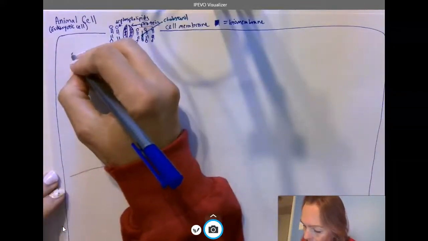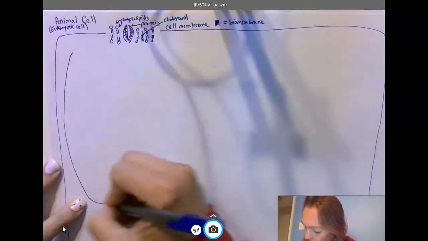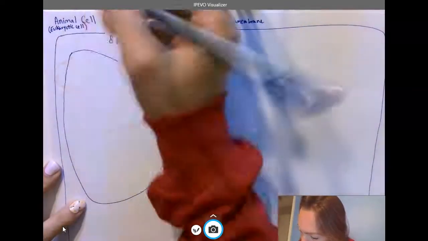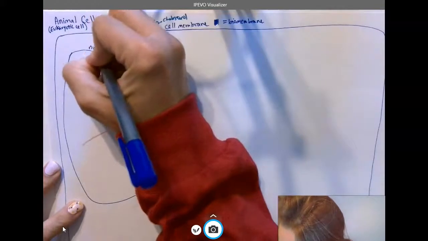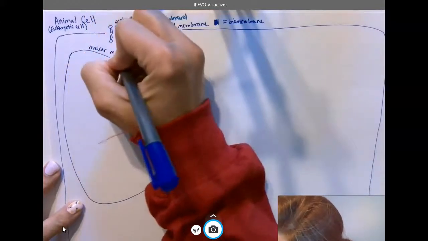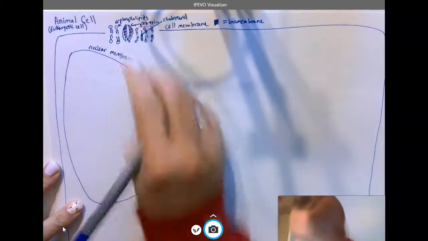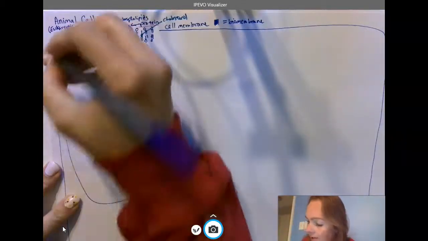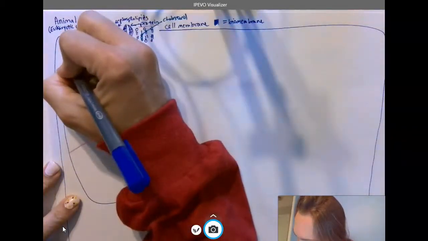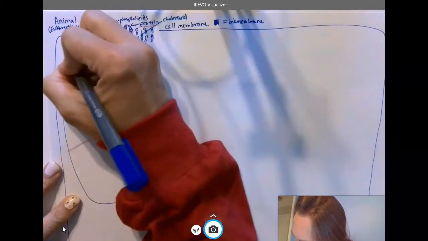Okay, so we're going to draw a very large nuclear membrane, which, as we remember from our previous video, is also a biomembrane.